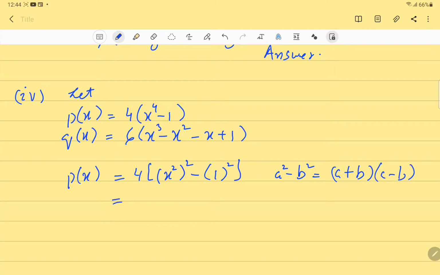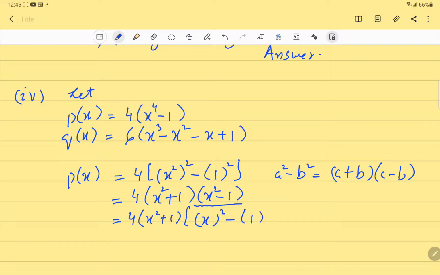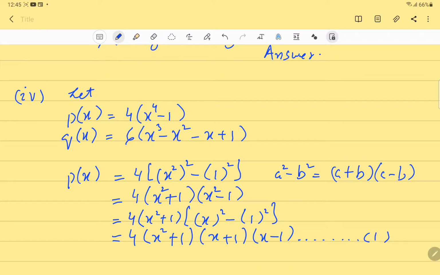So let us break it down like this: 4 into x squared plus 1 into x squared minus 1. Now in the second case we again have the same situation, so we will write x squared plus 1 into x plus 1 into x minus 1. So this is our factorization of the first expression.